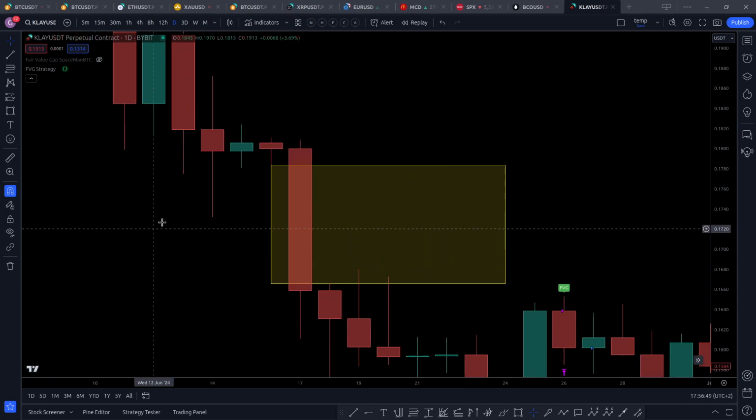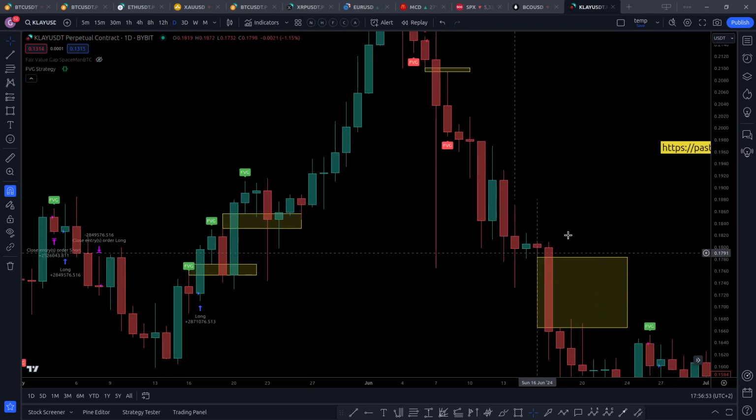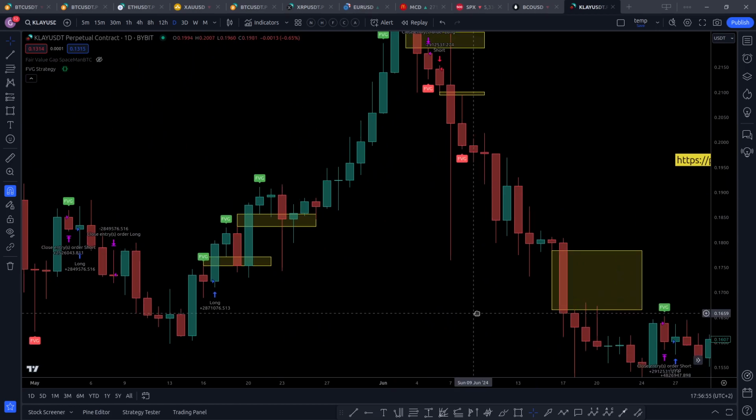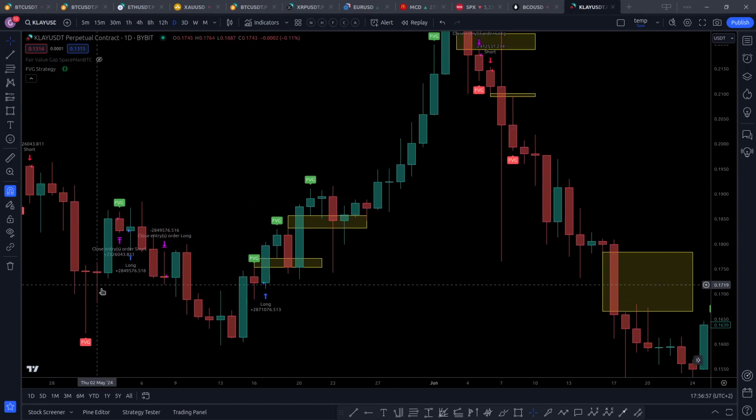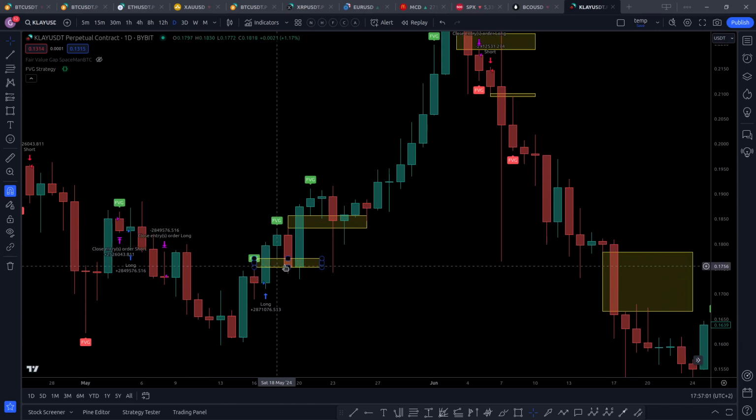So now what this strategy does is it will consider that after a bearish fair value gap was formed, and after that we have a bullish one, there will be a trend change. So it will start buying as soon as there's a fair value gap formed.